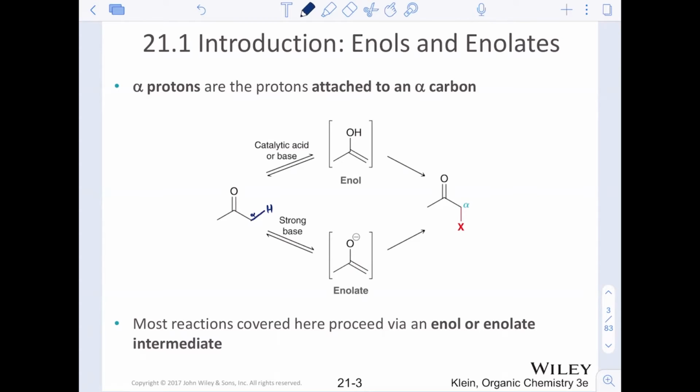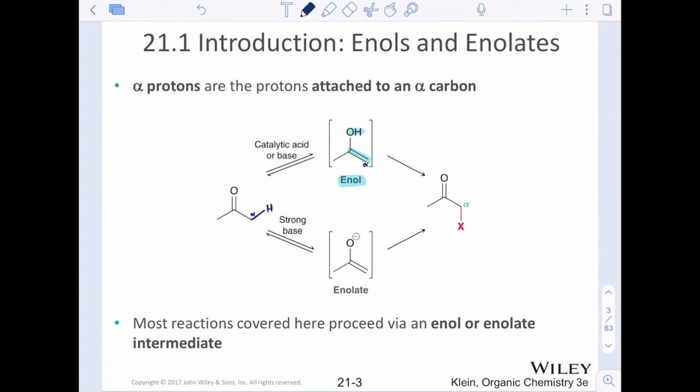We are going to be utilizing that relationship between the enol and the keto form in all of these reactions. Now, if a catalytic amount of acid or base is used, we go from the ketone to the enol form, which again, ene for the alkene, ol for the alcohol, so enol. Notice the alpha carbon is now the one that has the pi bond and the oxygen has the hydrogen.